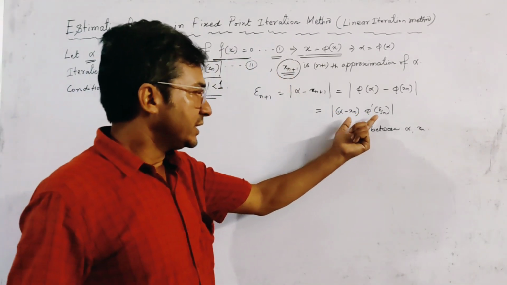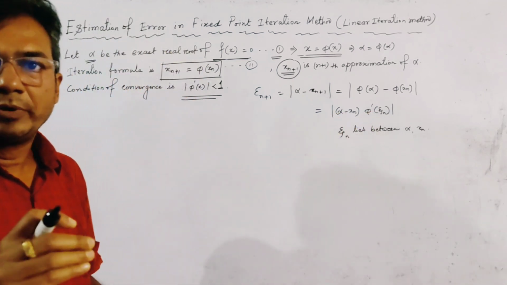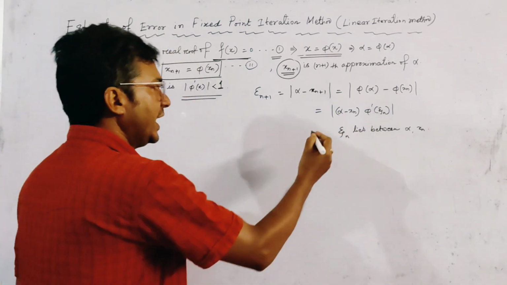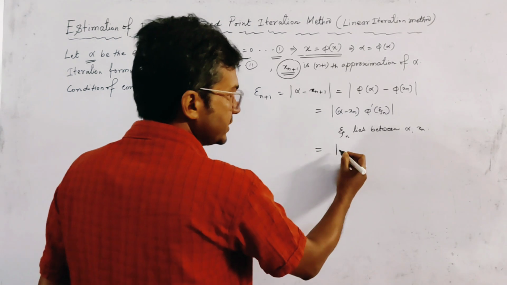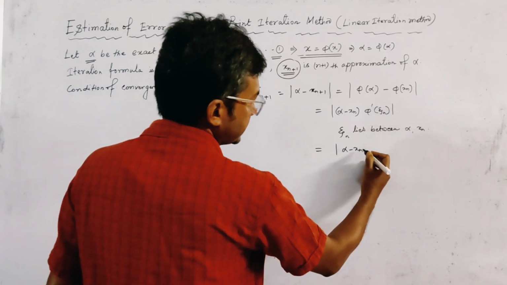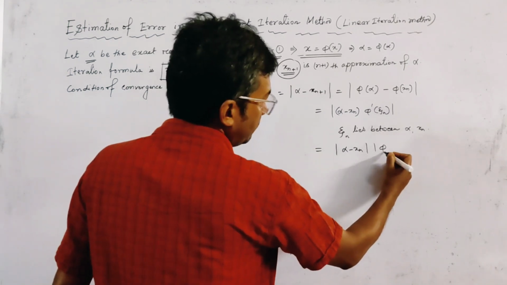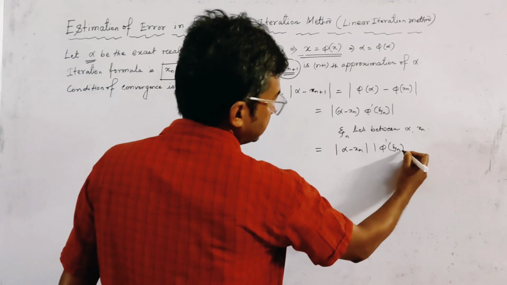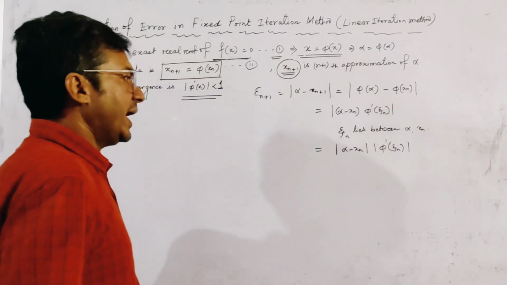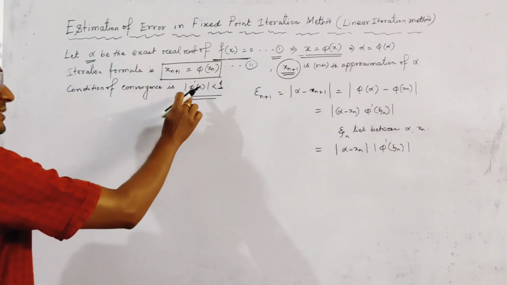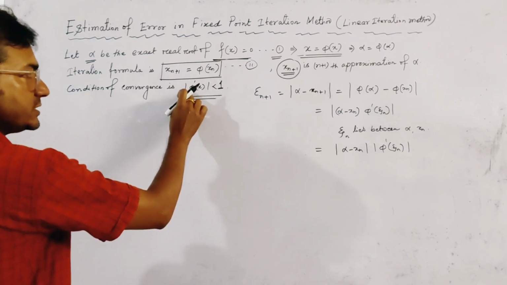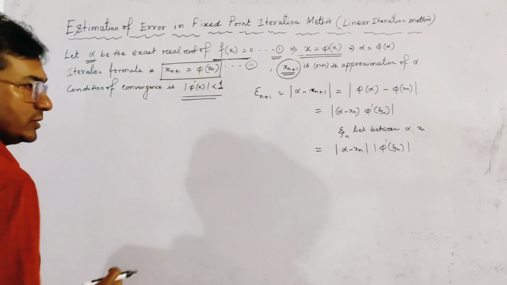We get this result by using the Lagrange mean value theorem, and it can also be written as |alpha minus x(n)| into |phi'(xi)|. We already said the condition of convergence is |phi'(x)| less than 1.